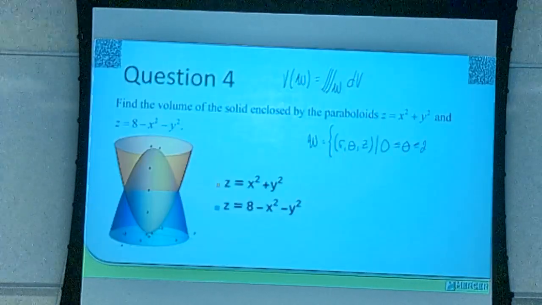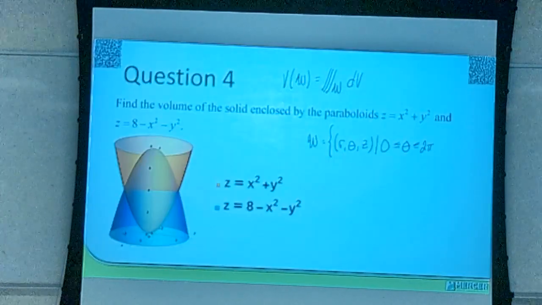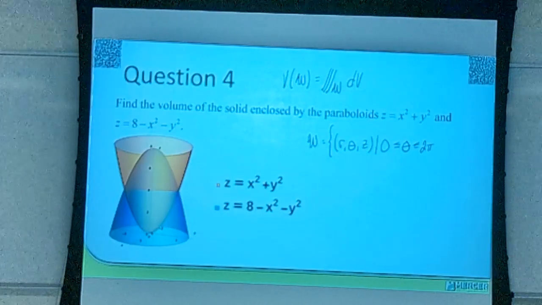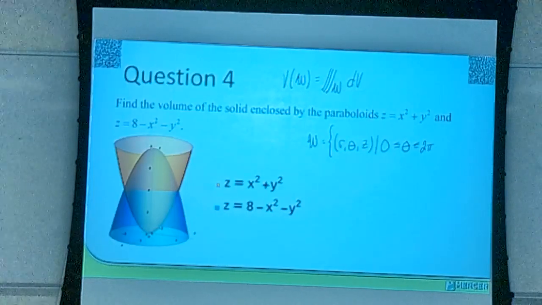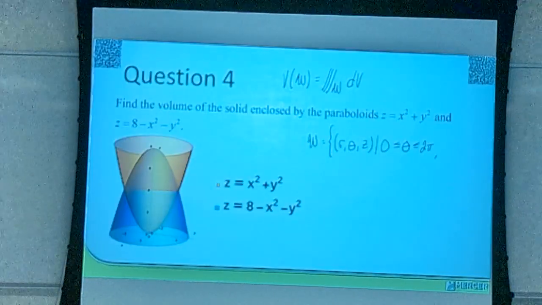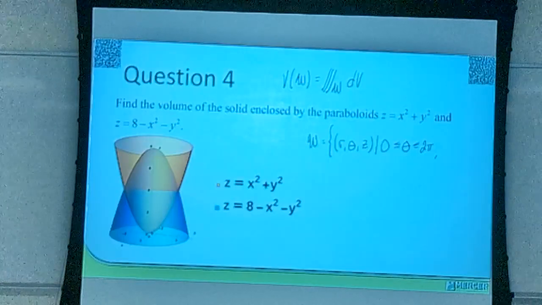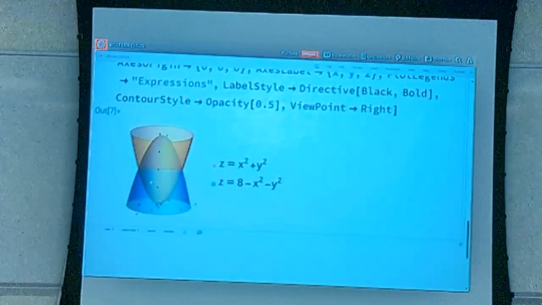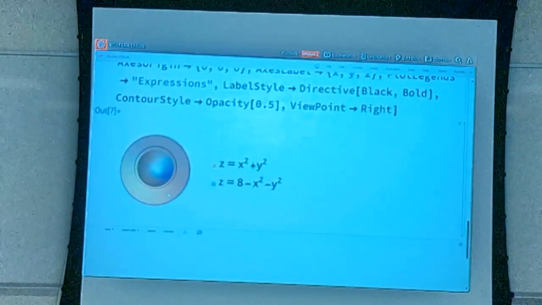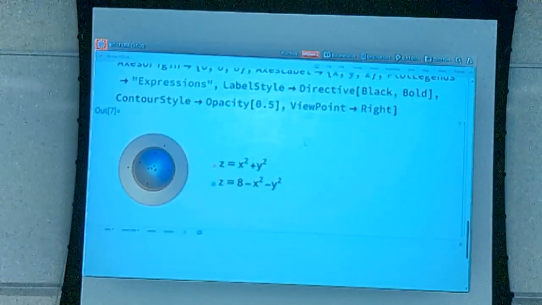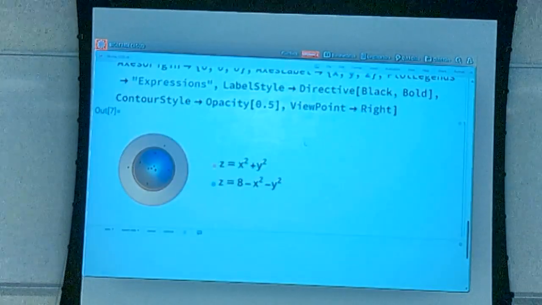Theta, 0 to 2 pi, do you see that? What about R? So R, we're going to look straight down.